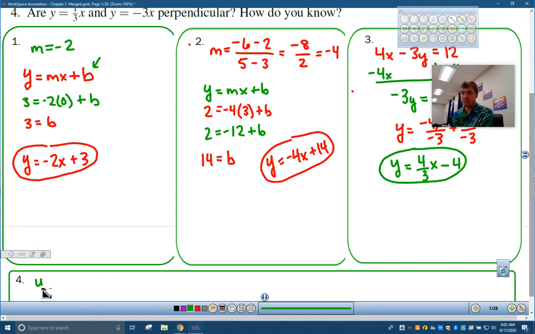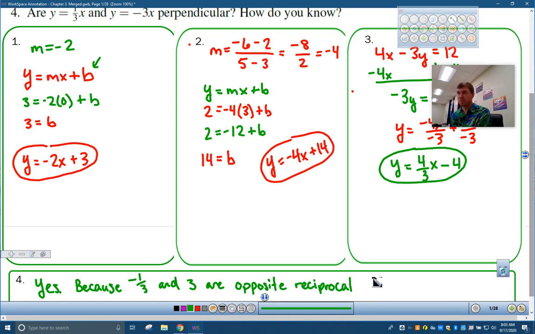The answer to this is yes, because 1/3 and -3 are opposite reciprocals of each other, meaning one is negative and one's positive, and if you flipped one of them over, it'd be the same as the other one.